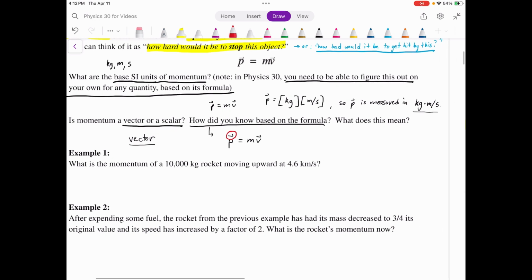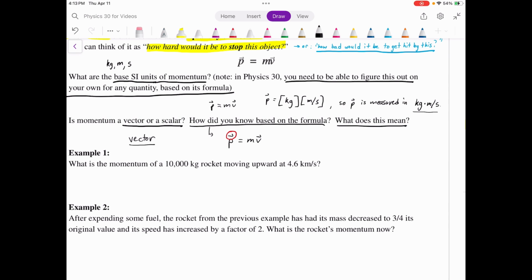Which leads us into the next part of this question here. What does it mean for it to be a vector? Well, it means that direction matters. It makes a difference. Doing the same thing in the opposite direction is not actually the same thing for a vector, right? A reminder from Physics 20, the simplest example of a vector versus a scalar is your displacement versus your distance, right?